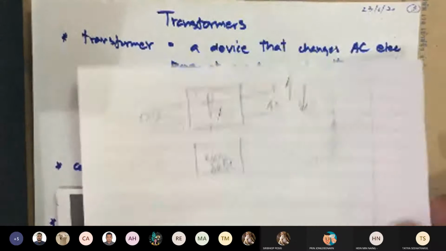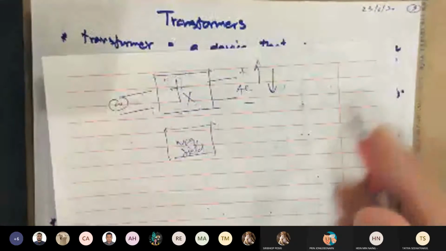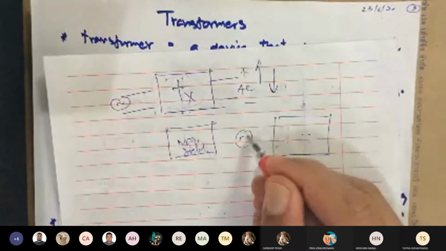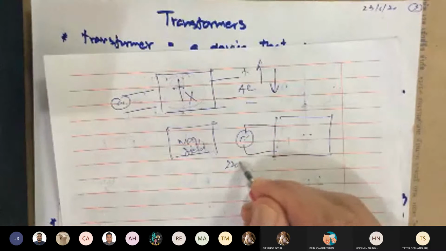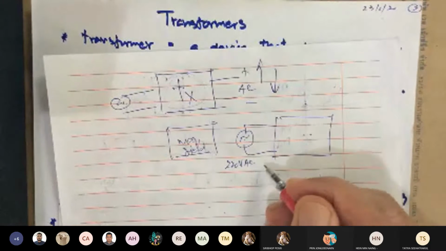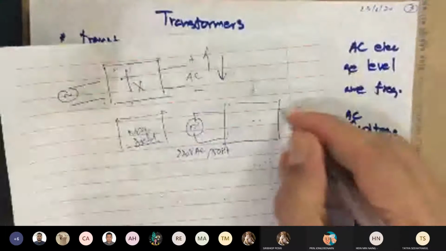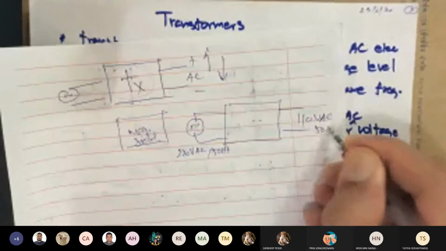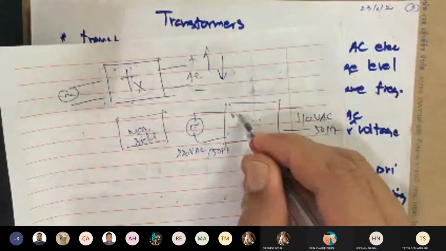Now don't get confused. Why do I emphasize this? I can have a device that can also do the same job. Meaning, let's say I have 220 volt AC, 50 hertz, and I can also generate, let's say, 110 volt AC, 50 hertz. But here, no magnetic field.